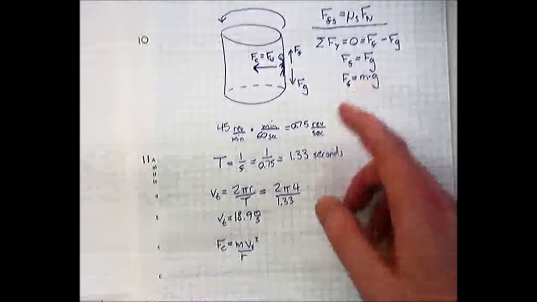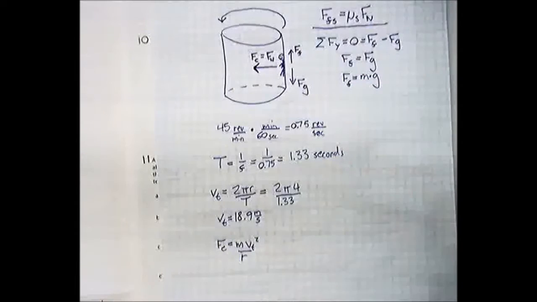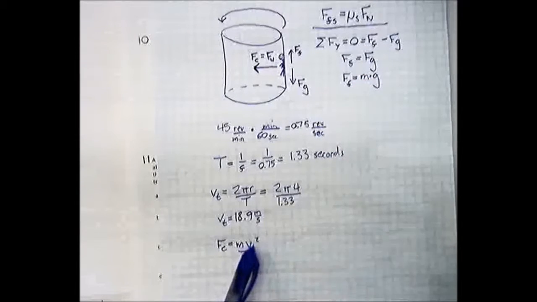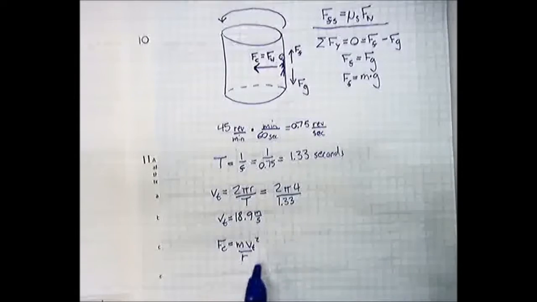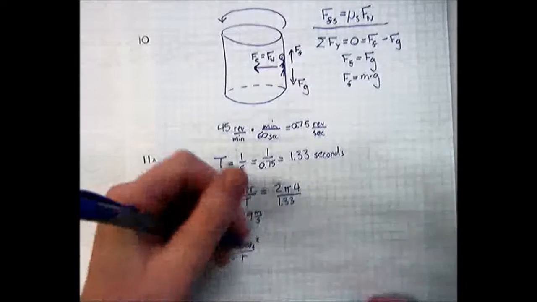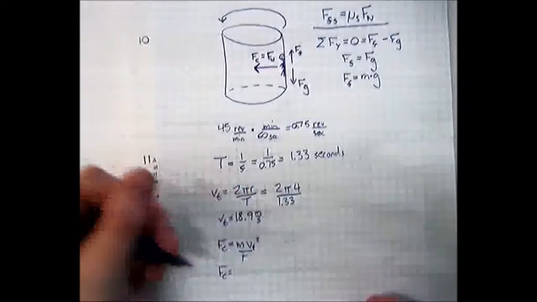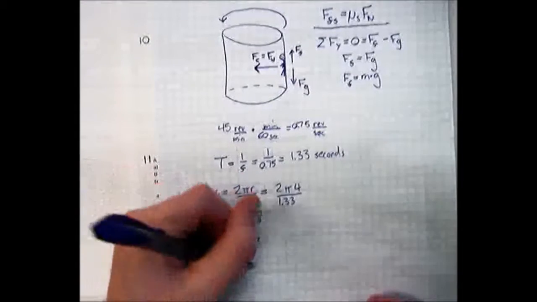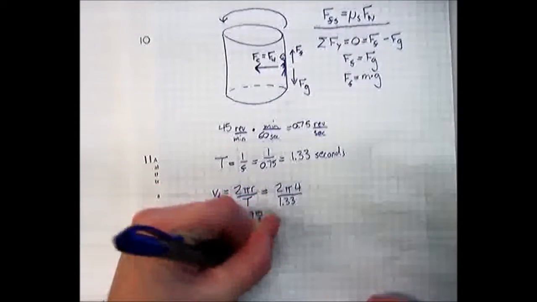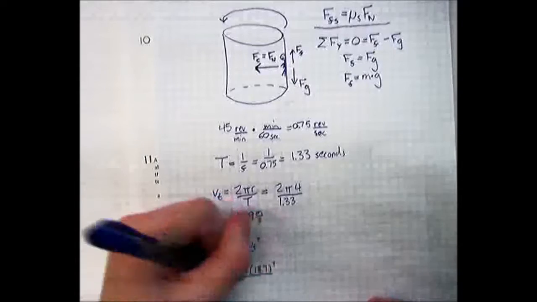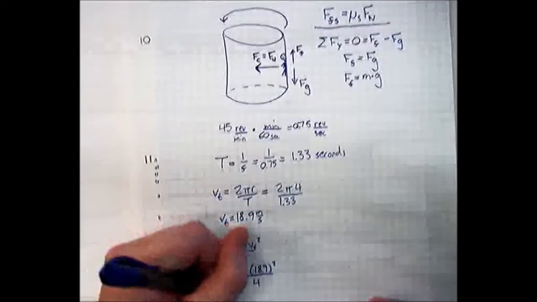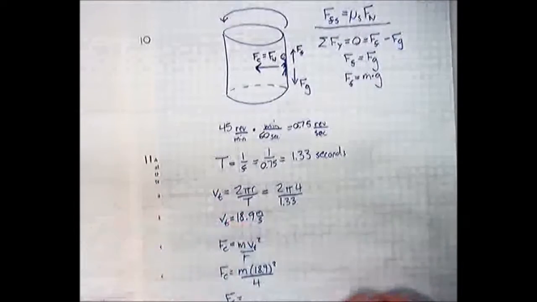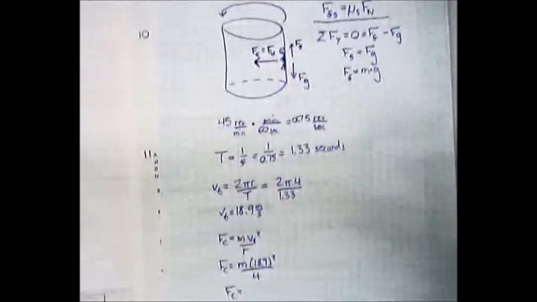Eventually, these two are going to cancel each other out. We just calculated vt, and our radius we know is 4 meters. So Fc is going to be m times 18.9 squared all over 4. I'm going to leave it in terms of m.